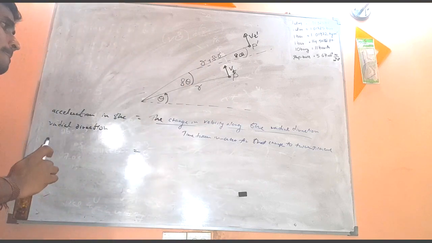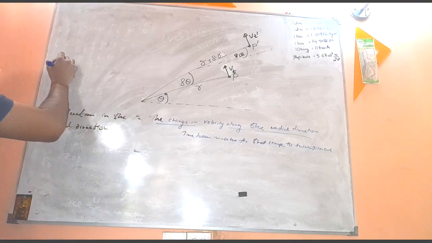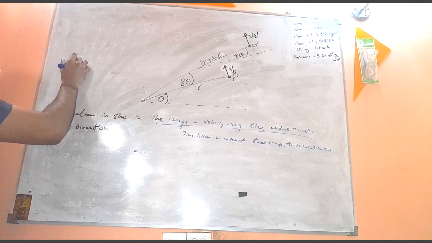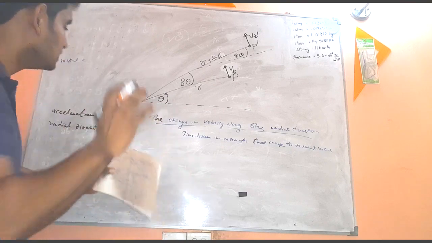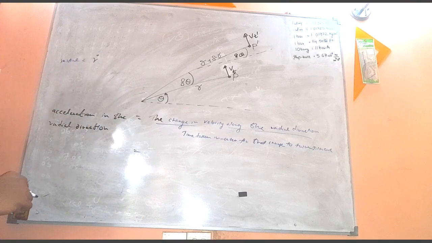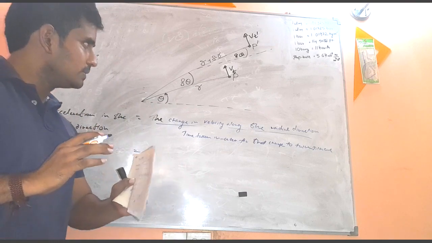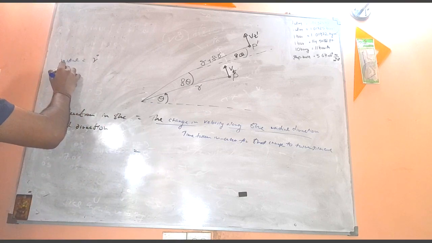So then what is the initial radial velocity component? That is r dot, radial velocity, right?